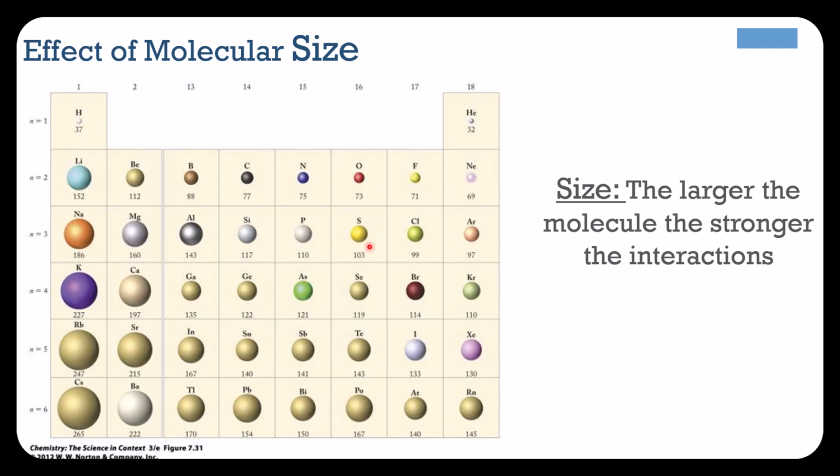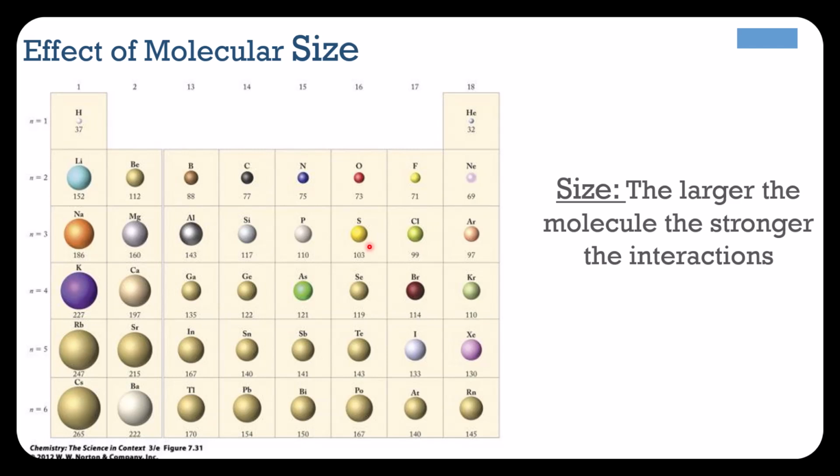The larger the molecule, the stronger the intermolecular interactions will be. We've discussed this in a previous lecture, but with atoms that are bigger, the bigger the atom, the further away those electrons are, and the more susceptible they are to outside influence. So that makes it a stronger interaction because there'll be those dipole moments happening more frequently.